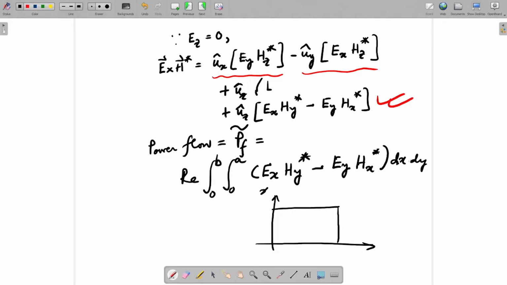This is my x axis, this is my y axis, the a dimension is along the x direction and the b dimension is along the y direction. Now if we substitute for E x H y and E y H x, we finally would obtain the expression for the time average power flow, performing this integration and taking the real part.